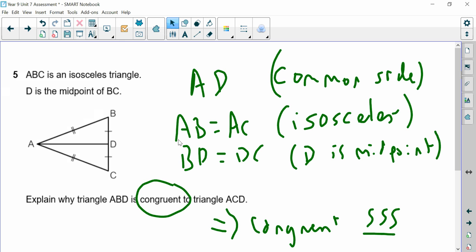If you wanted to do angle, angle, side, then you could use that right angle one and also say that you know that an isosceles line would bisect here. Or you could say that you know that this angle and this angle are the same because they're the base angles of an isosceles triangle. Any combination of them. The only thing you cannot do is say that all the angles are the same. Because remember that to say all the angles are the same doesn't give you congruence, that gives you similarity. So it's a different thing.